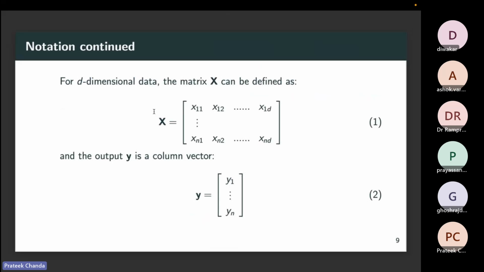Similarly, my output y, the labels of my dataset, is of dimension n, because I have n training instances.